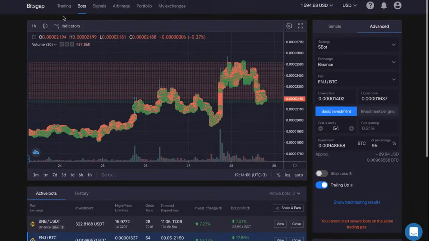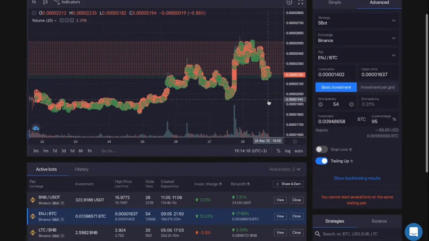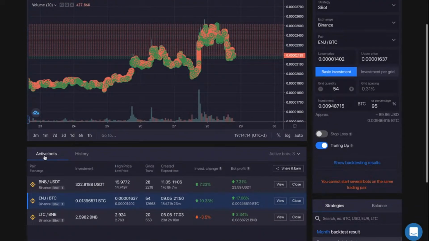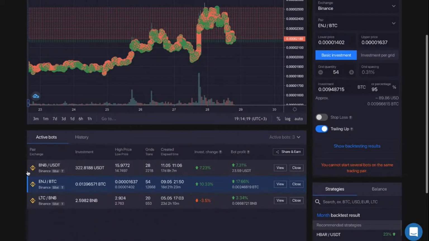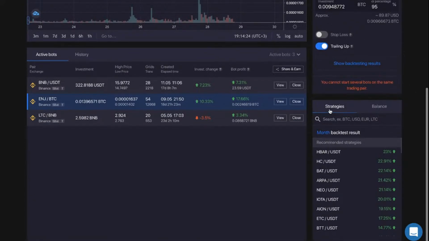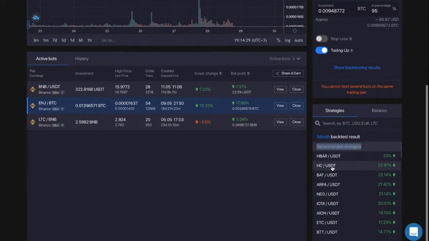So here on the main page, you go to the bot section, and here you have a nice chart which you can zoom out and zoom in and stretch in any way you want. You see that I already have some active bots trading for me, but we will come back to this a little bit later. And on the right side you have strategies. These are the recommended strategies based on the price action happening on the market.